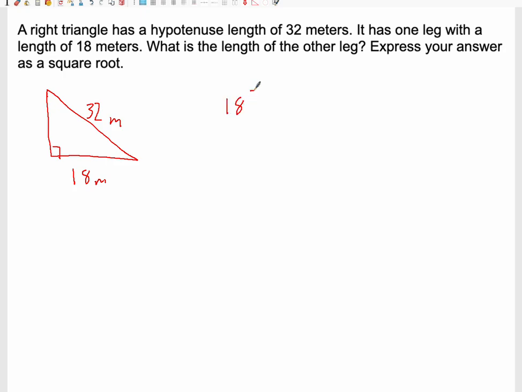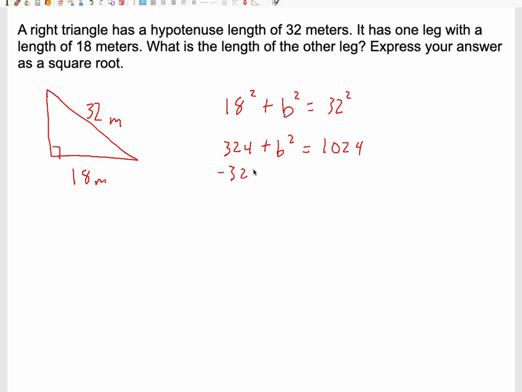So 18 squared plus b squared equals 32 squared. 18 squared is 324. Plus b squared equals 1024.